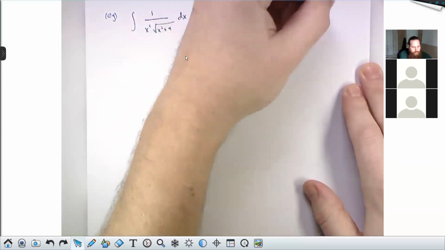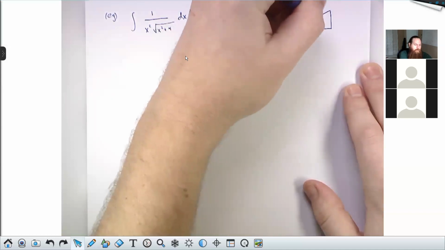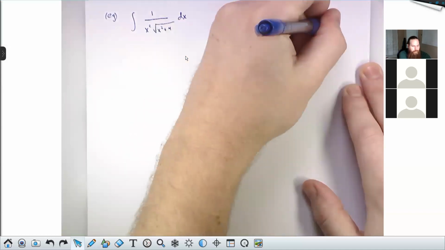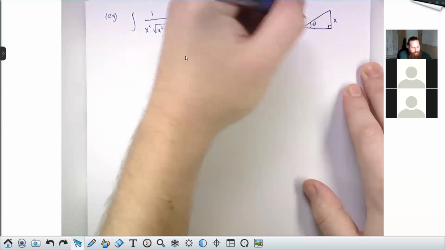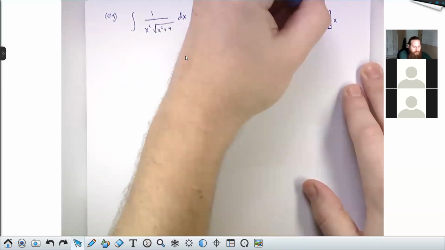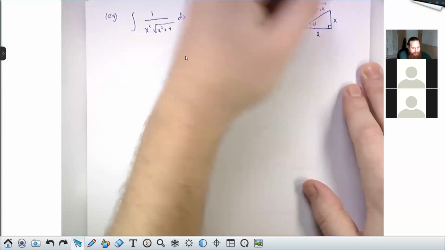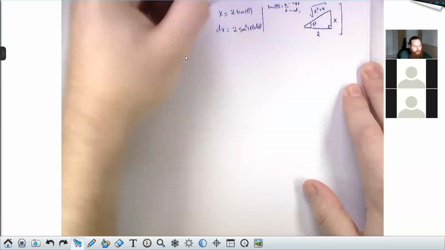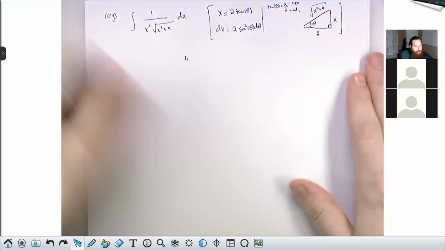So I draw my triangle, with the opposite labeled as x and the adjacent labeled as 2, which means that this piece is going to be the square root of x squared plus 4. So there's all my good substitution stuff. And now I get to plugging in.